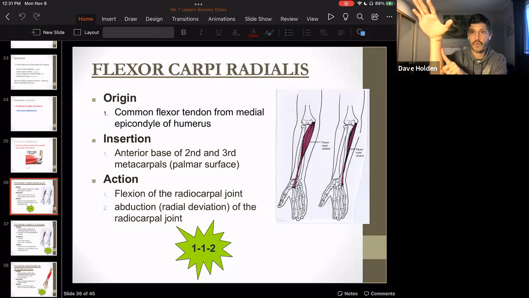This muscle crosses on the radial side. And since it's on the thumb side, it will flex and it will abduct, which is radial deviation. So we can pull the thumb, or the hand rather, down towards the elbow this way or this way.